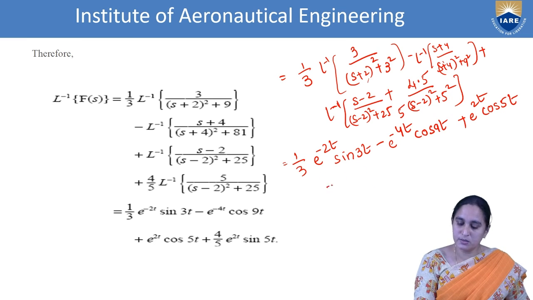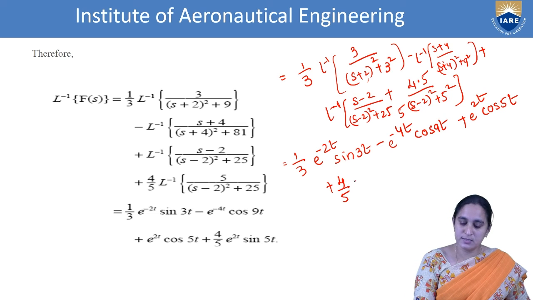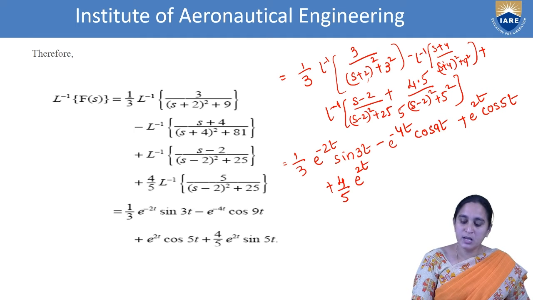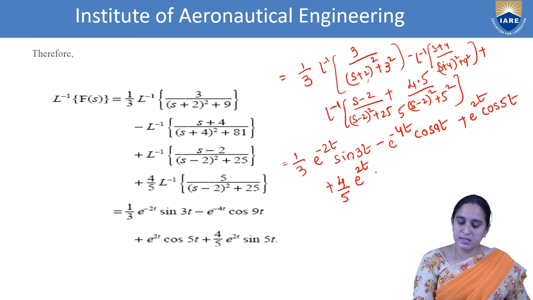Here what is common is 4 by 5, I am taking outside. For the remaining part, Laplace inverse of a by s square plus a square, first I am writing the shifting property, that is s minus a means e power 2t, and the remaining as a by s square plus a square, that is sine 5t.